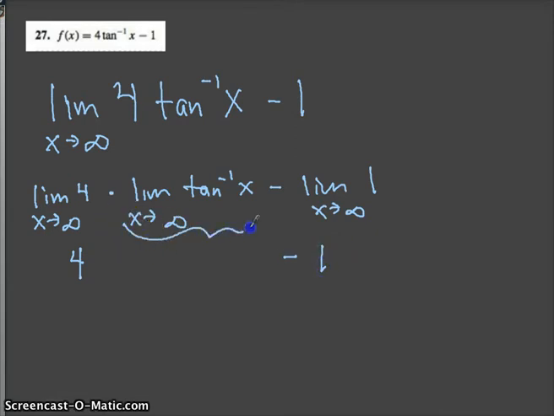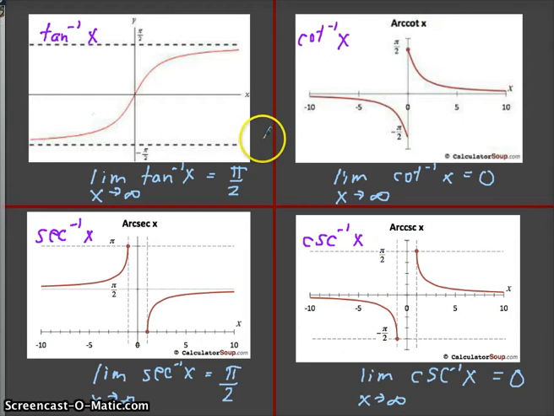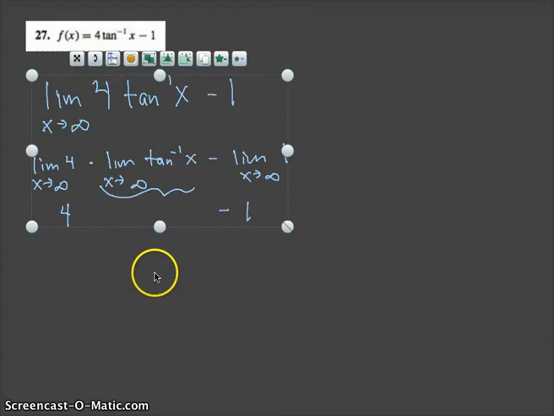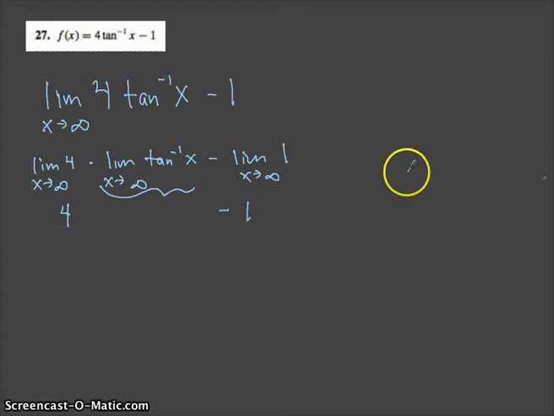But what is this? And this is important that you remember these graphs. Here's the inverse tan of x. And as x approaches infinity, the limit is pi over 2.